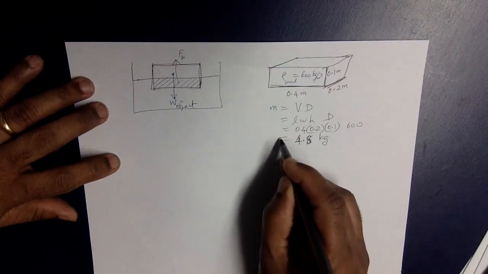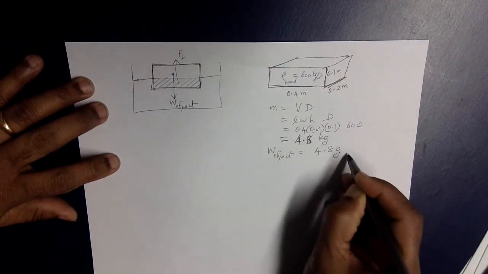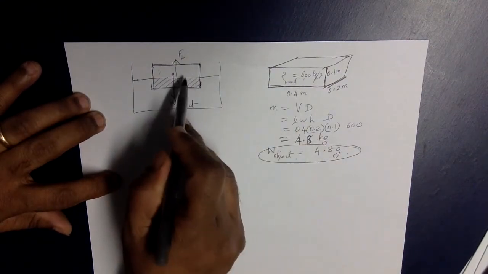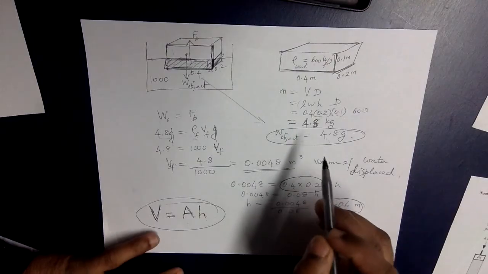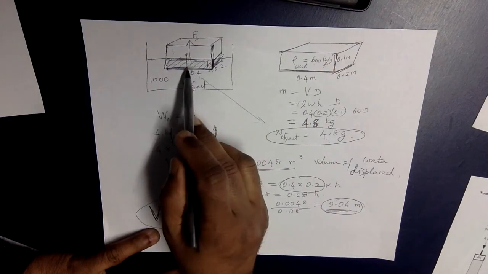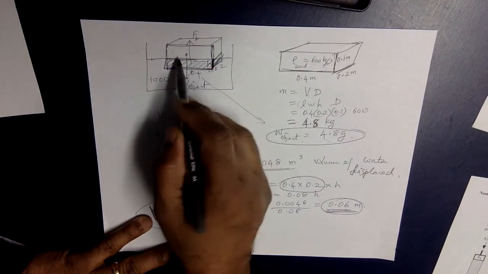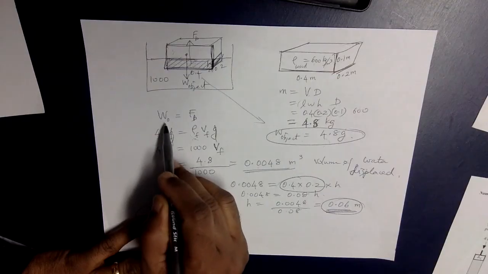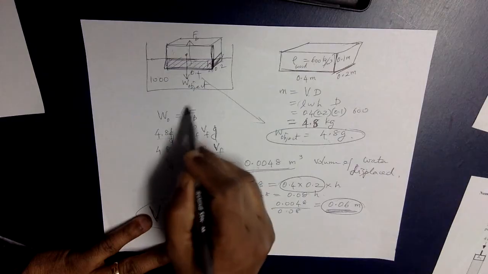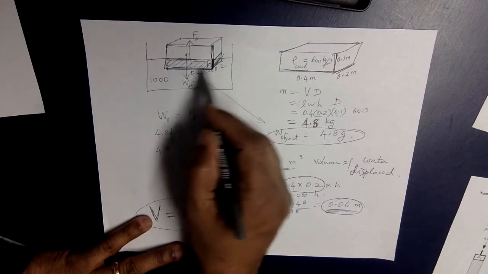So what is the weight of the object? The weight of the object is 4.8 times gravity. Now, if this object is going to float like this, what you should understand is the weight of the object is equal to the buoyant force experienced by the object, because the object is going into water and displacing this much water.